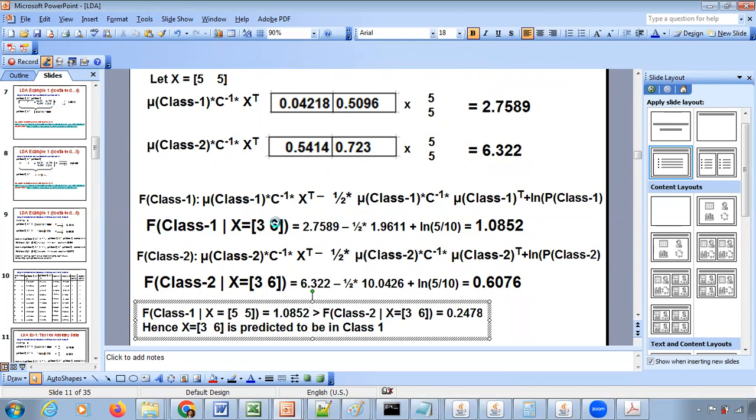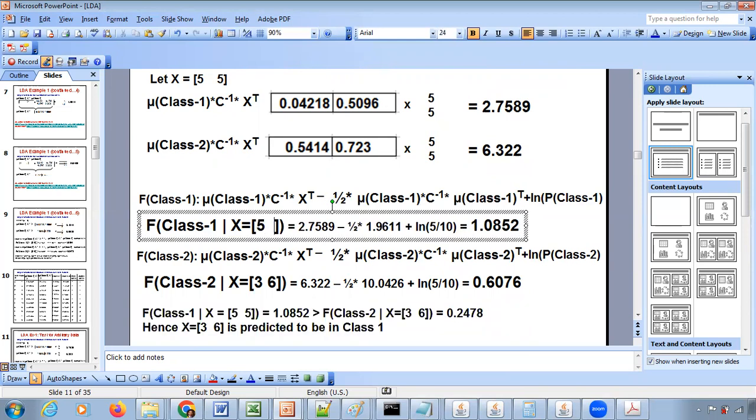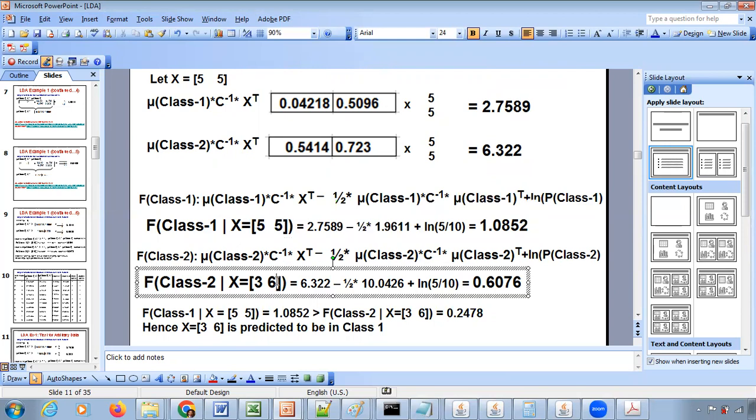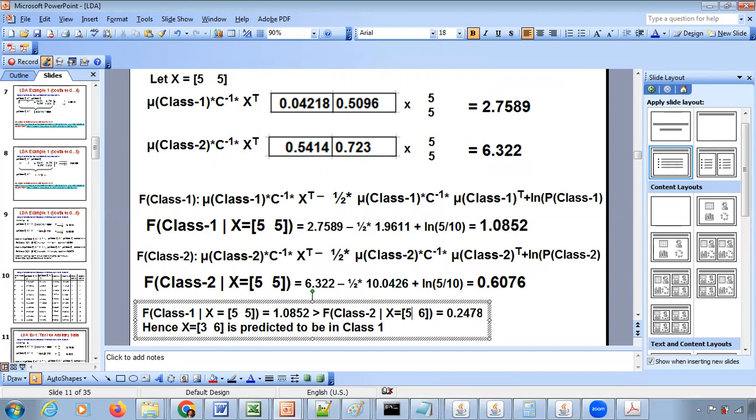You have to change this to 5, 5. 0.6076. So you're predicting that 5, 5 belongs to class 1. Like this, you can test for any data point.